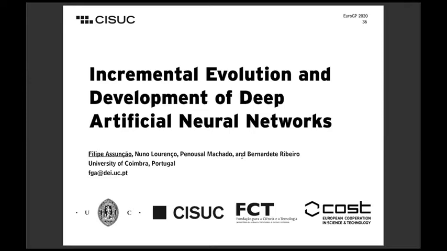So we have another question by Mark Schoenauer. Did you try to transfer from the well-known best architectures, VGG, ResNet, etc., after describing them in the grammar? Well, we didn't.